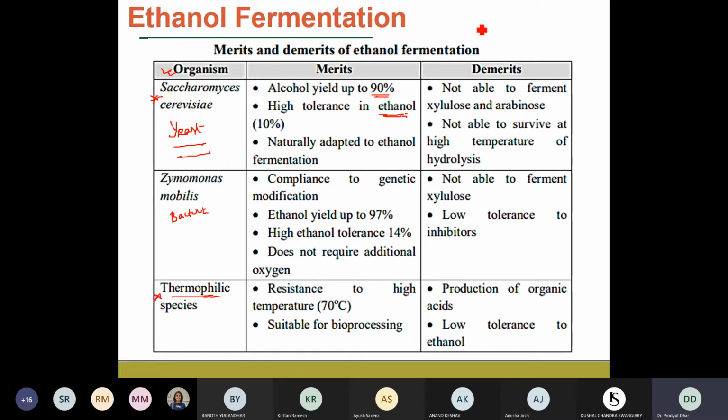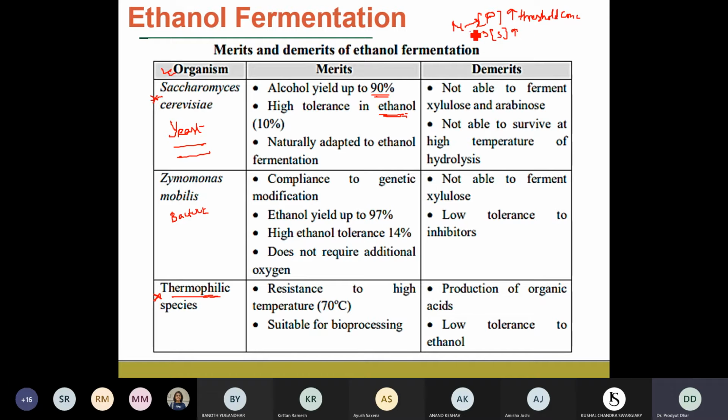When we studied the batch, fed batch, and perfusion reactors, we discussed that sometimes the product produced by the microbes may turn out to be inhibitory once it overcomes a particular concentration value. So there is a maximum concentration that the microorganisms can tolerate, which depends on the product concentration as well as the substrate concentration.